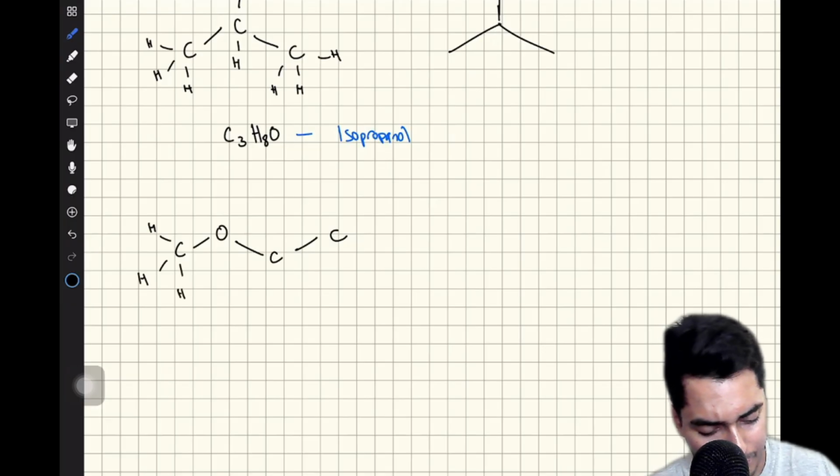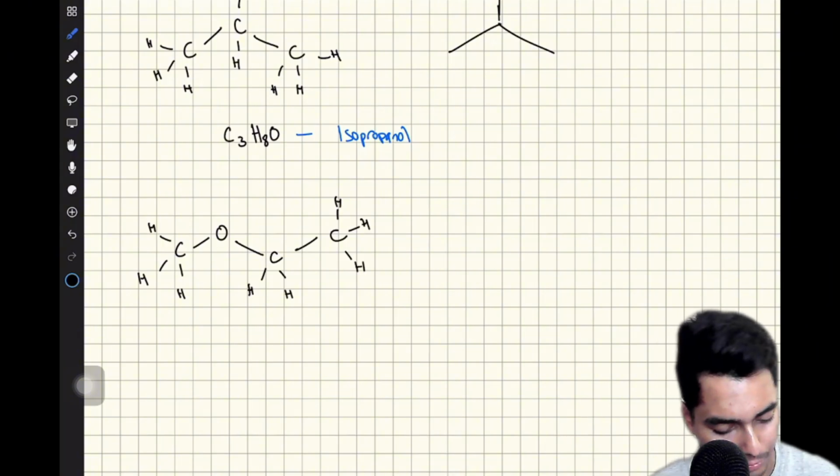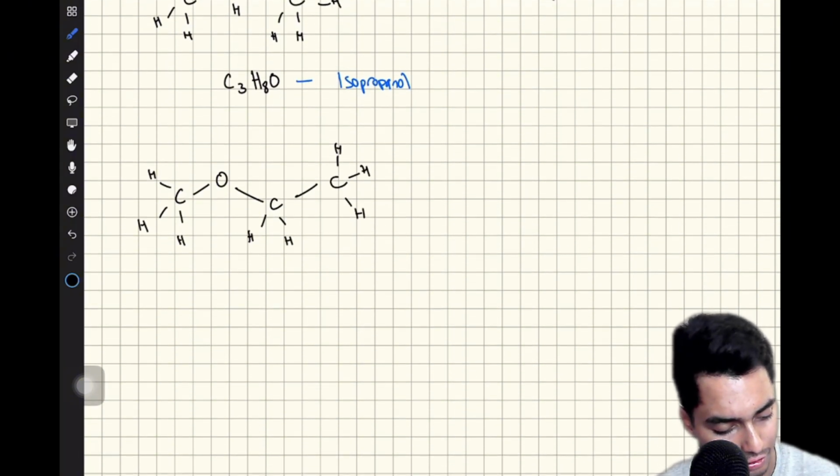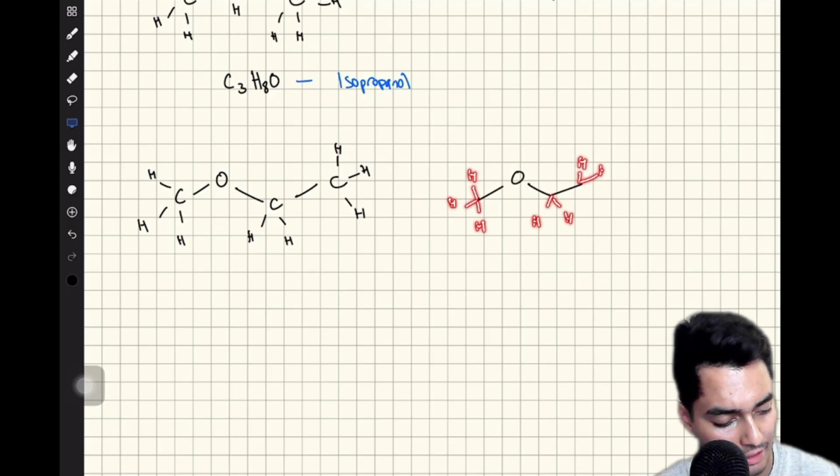It's just a matter of practice. And let's see, if we have this bond line structure, it should look something like this. Notice that the carbons at the end don't have any H's because, again, these are invisible H's. It takes a little bit of getting used to see it, but over time you will start to see these invisible H's right here.